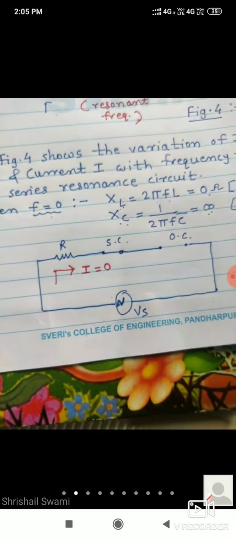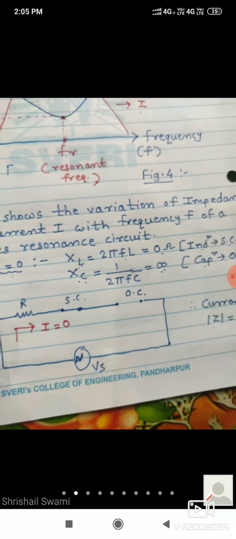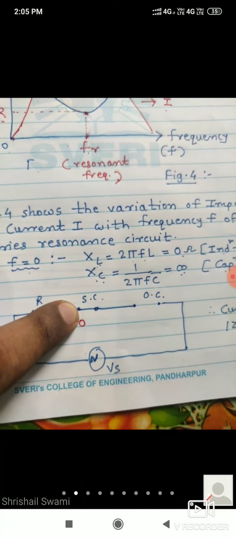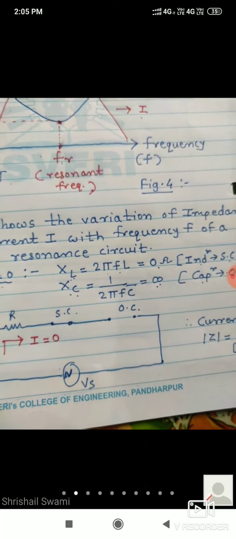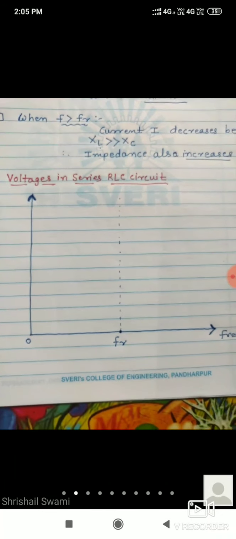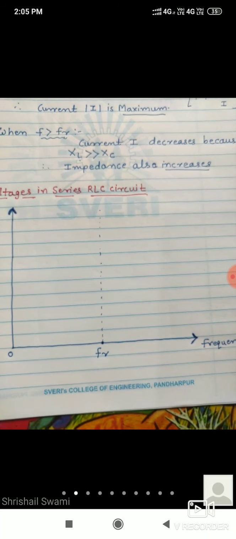Or take it here, when frequency is 0, at that time what is the voltage across the resistor, what is the voltage across the inductor, and what is the voltage across the capacitor? Who will tell the answer of all these points? Current will be 0, okay, but what are the values of voltages? What will be the value of VR?